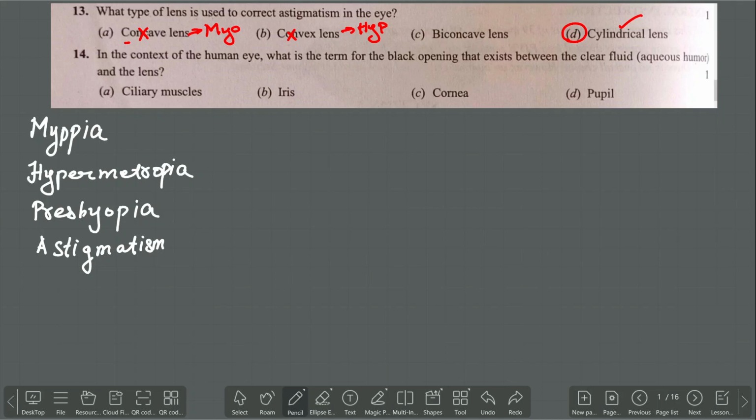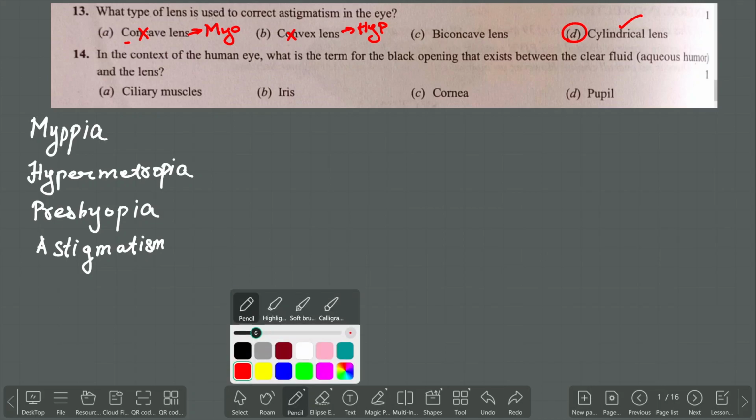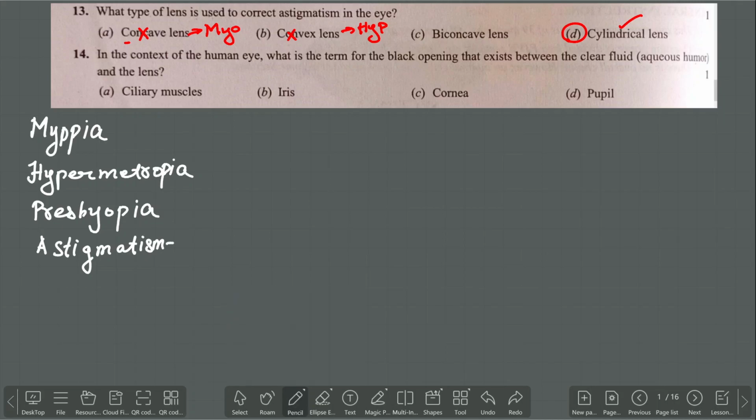So what is meant by astigmatism? The person who is suffering from astigmatism will have the same defect that a myopic person is having. Clear?